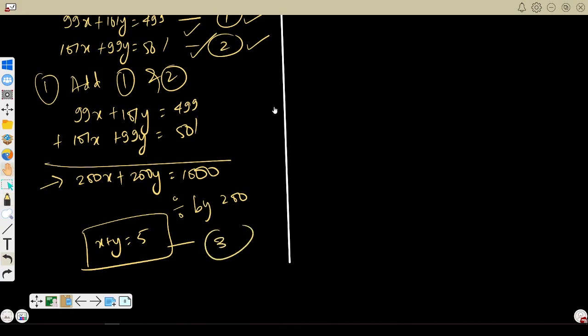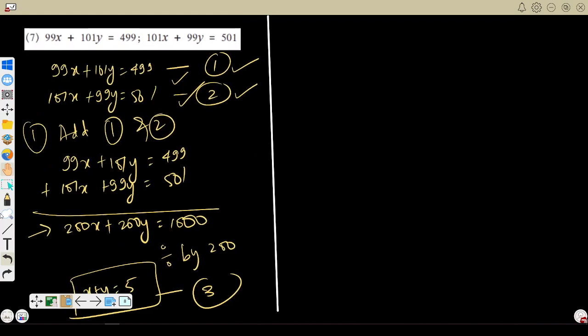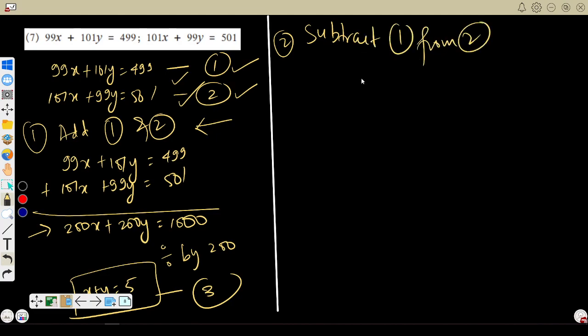Now I have only one equation. I need to find the second equation for the solution. In the first place, we added the equations. Now we will subtract equation 1 from equation number 2. The second equation was 101x plus 99y is equal to 501.